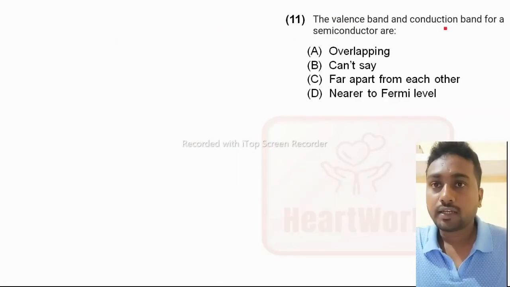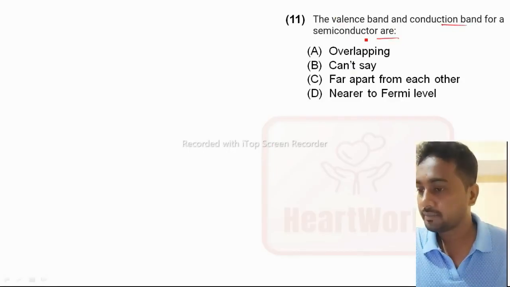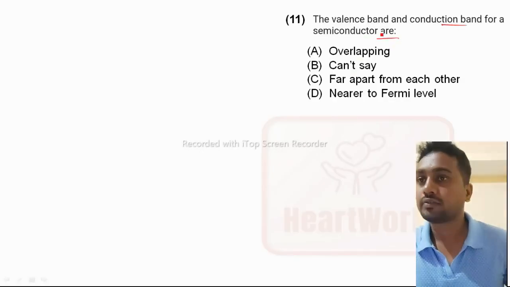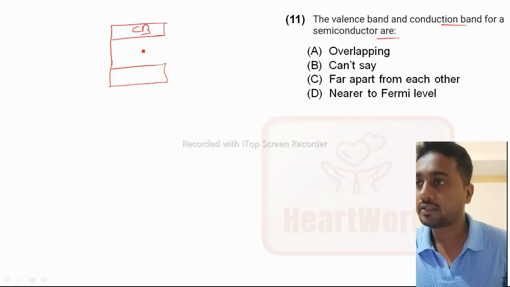The valence band and conduction band for a semiconductor are... So we have to check the energy band diagram for a semiconductor. This is the conduction band, and this is the valence band.